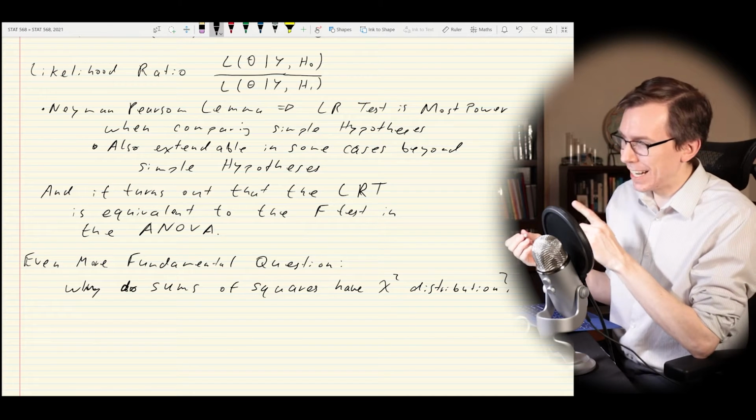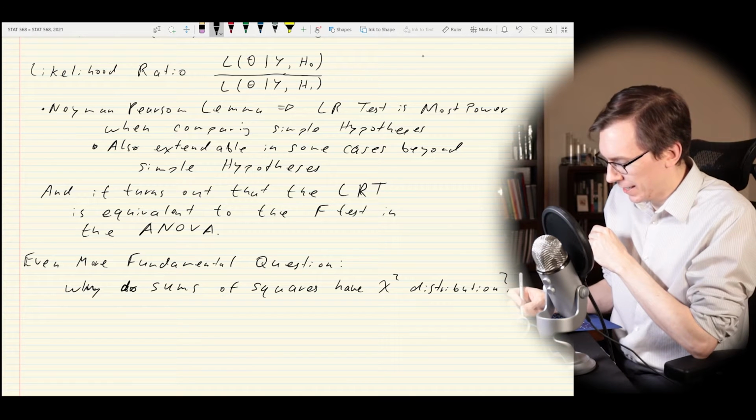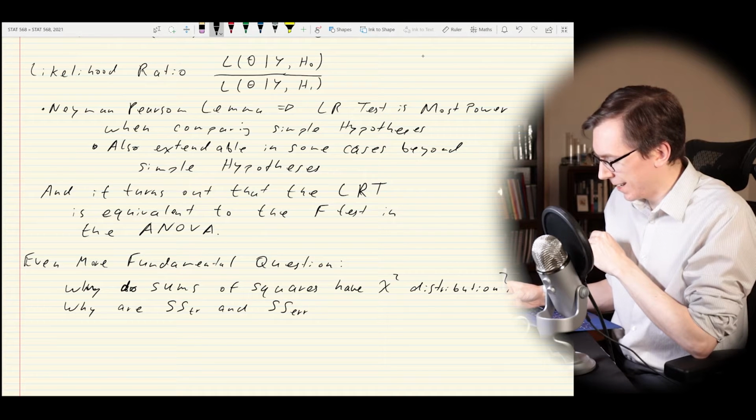And there's another thing that I realized I did not point out in the previous lecture, a little bit of a subtlety, which is why are the treatment sum of squares and the error sum of squares independent?